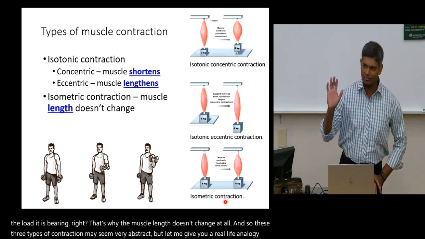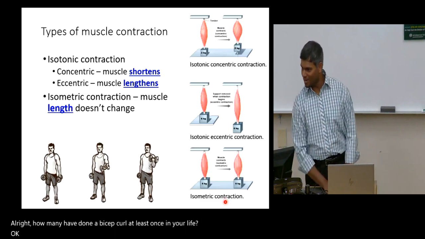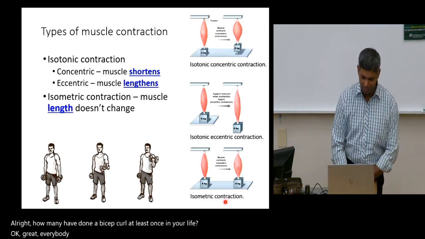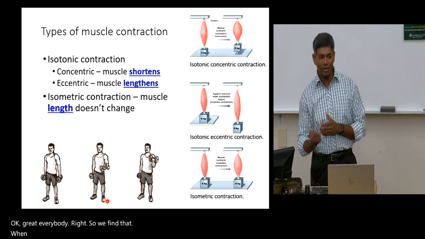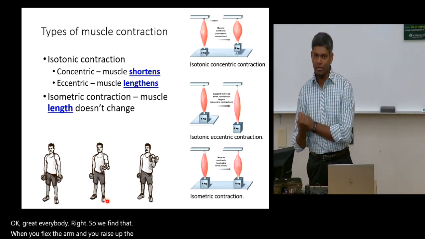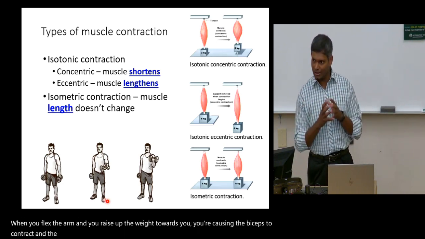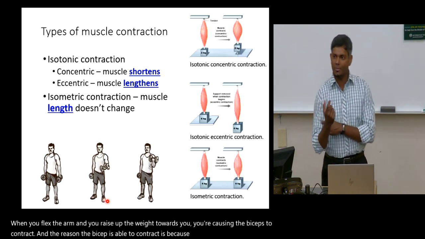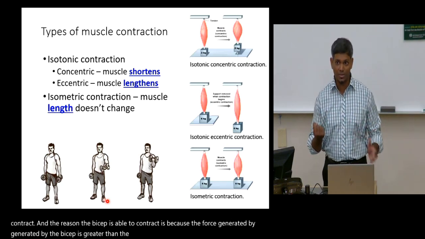How many of you have done a bicep curl at least once in your life? Okay, great, everybody, right? When you flex the arm and you raise the weight towards you, you're causing the biceps to contract. The reason the bicep is able to contract is because the force generated by the bicep is greater than the weight being carried.